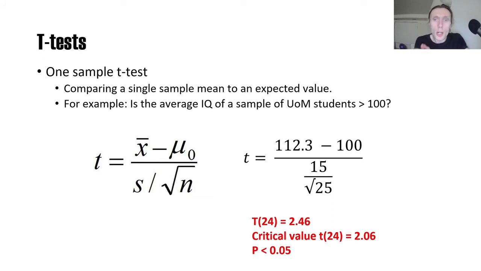Do we know 100% certain that students have an above average IQ? No. But that's what I already said before. In statistics, you can never be 100% certain. You can only say it's very unlikely that the null hypothesis is true, where they have an average IQ.